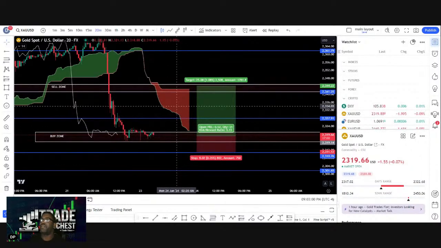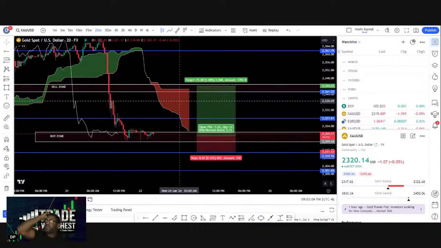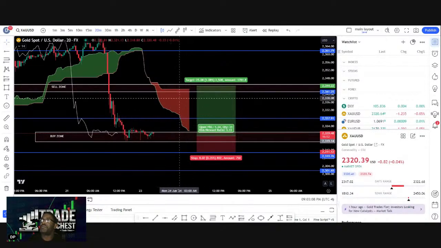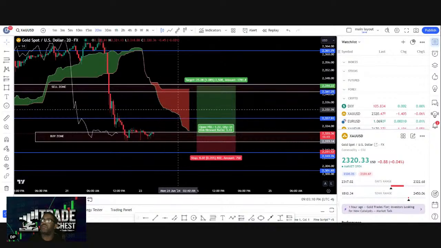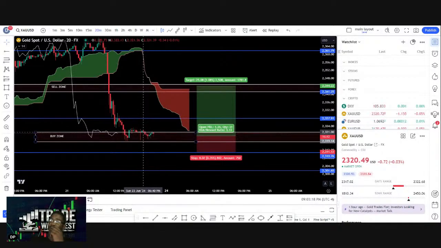I got a confirmation on a position, or not a confirmation, but a red cloud generally with a sideways or consolidated market gives that high probability.